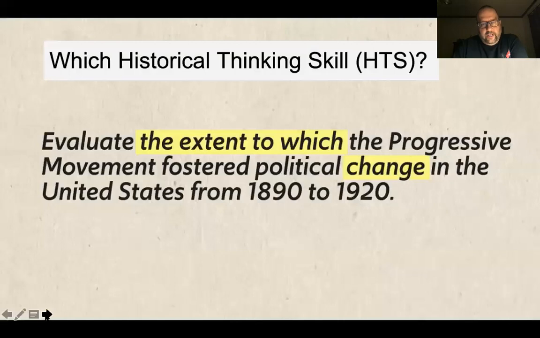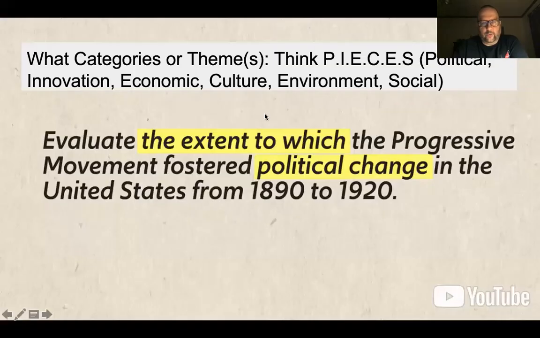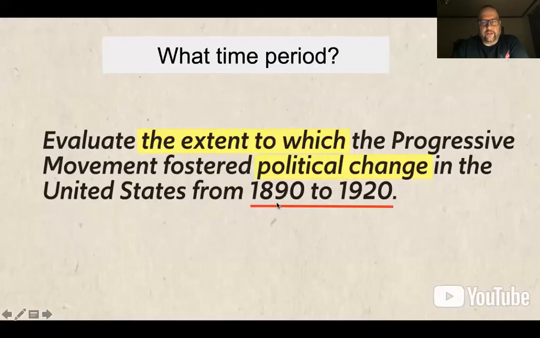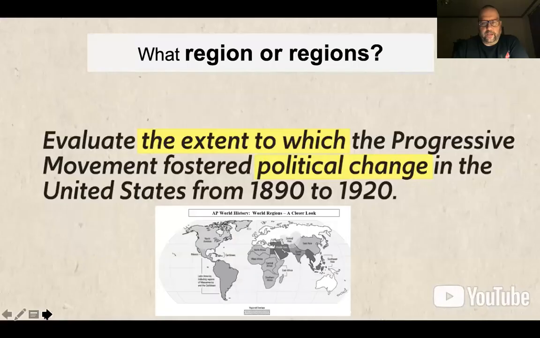We are looking at change and continuity over time. Do you see the categories here? I see a P, I see political. And do you see the years, 1890 to 1920? So there's the category, political change, extent to which, and there's the years, 1890 to 1920.